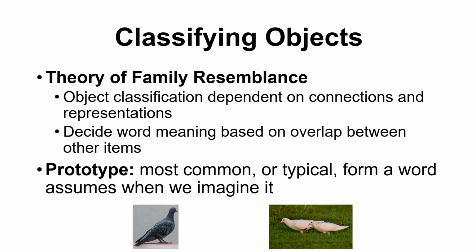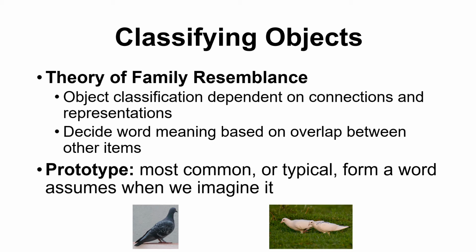Under this theory, we can decide how we're going to classify a particular object and determine its meaning based on how it overlaps with other things that we know about. So when we're faced with an object or an item that we don't know anything about, we use these rules in our minds to decide how we're going to consider it.